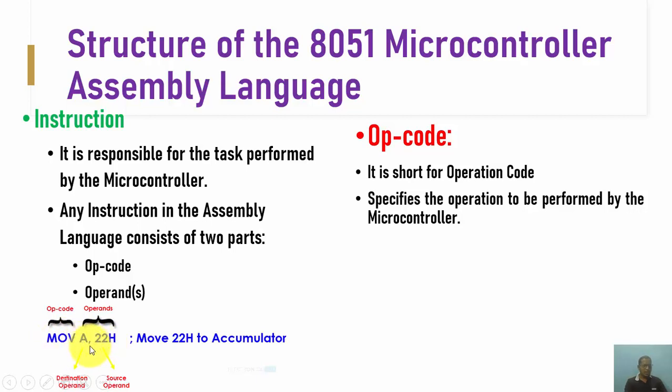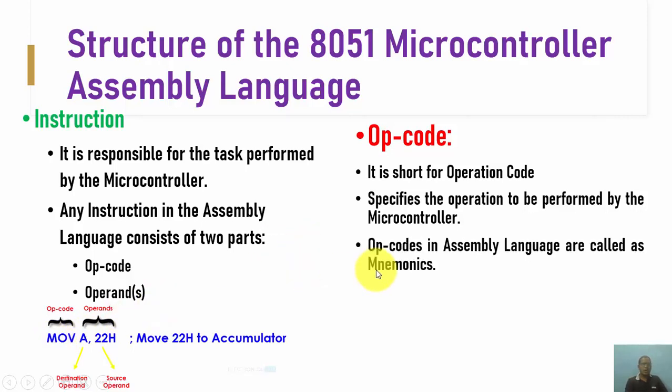So to copy, that means to move the data 22h into the accumulator, we are using this opcode. Instead of writing move the data into the accumulator, we simply write the MOV mnemonic, which is nothing but your opcode. The opcode in assembly language is called a mnemonic.